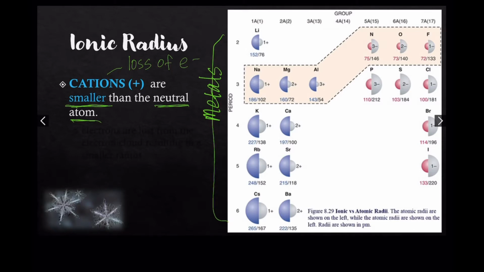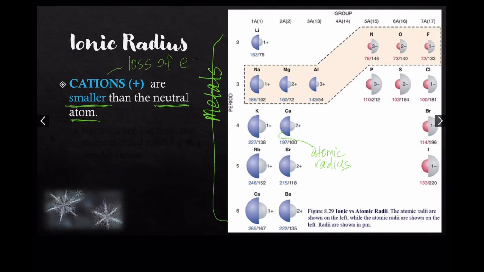In this picture, if we take a look at calcium, for example, the blue side is the size of the atomic radius. Calcium, because it's a group 2 metal, in order for it to achieve that stable electron configuration, will need to lose 2 electrons, forming a positive 2 ion.